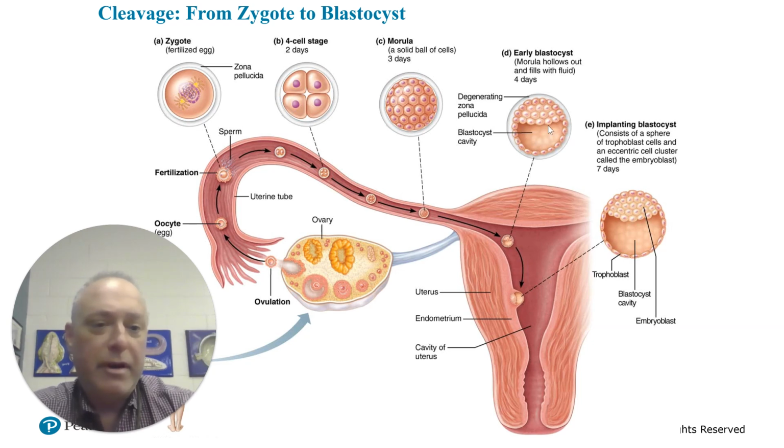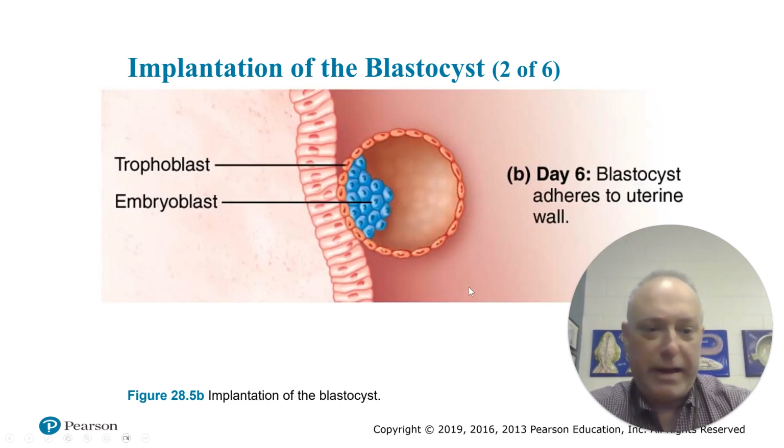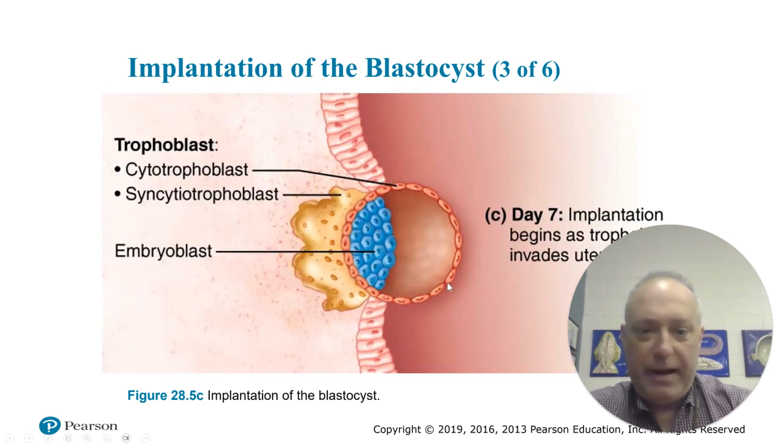Blastocyst will then become a hollow ball, and this blastocyst is going to implant into the endometrium for further development. Now at day 4, this is day 4 after ovulation, the ovum is going to hatch from the zona pellucida and begins to adhere to the endometrium and implant.